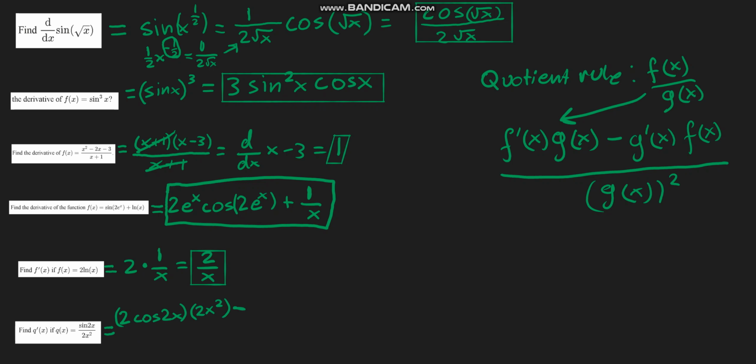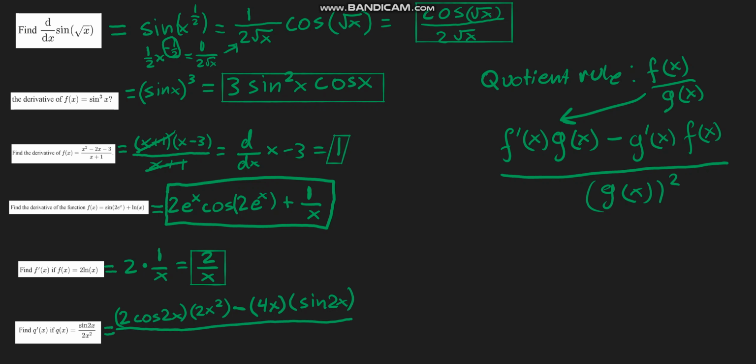Next, we're going to find the derivative of the denominator, which is the power rule. So 2 times 2, we get 4, and then we subtract 1 from the exponent, so we're left with 4x. And then we multiply that by the numerator, which is sine 2x, and that is it for that.